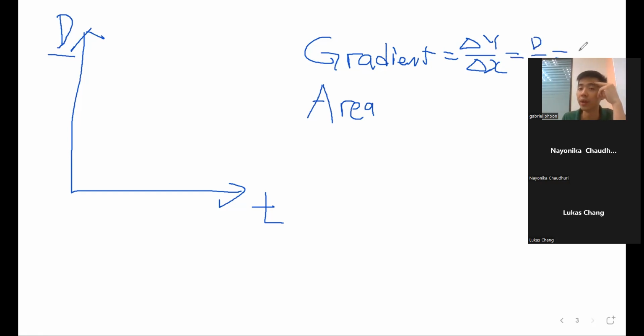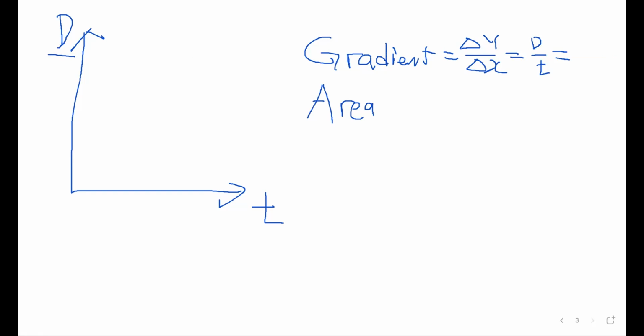In other words, the gradient is supposed to tell you the speed. Distance over time is speed, right? So if I have a gradient that looks like this, it has a constant speed. A higher gradient means a higher speed, and zero gradient means zero speed.